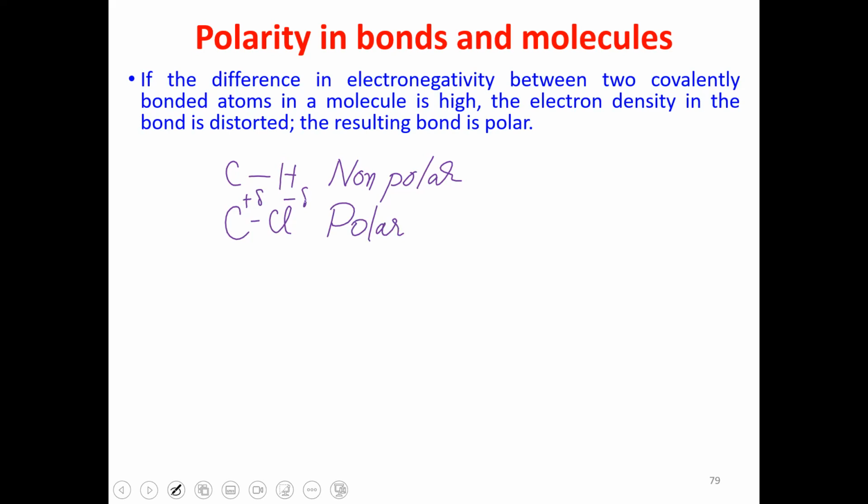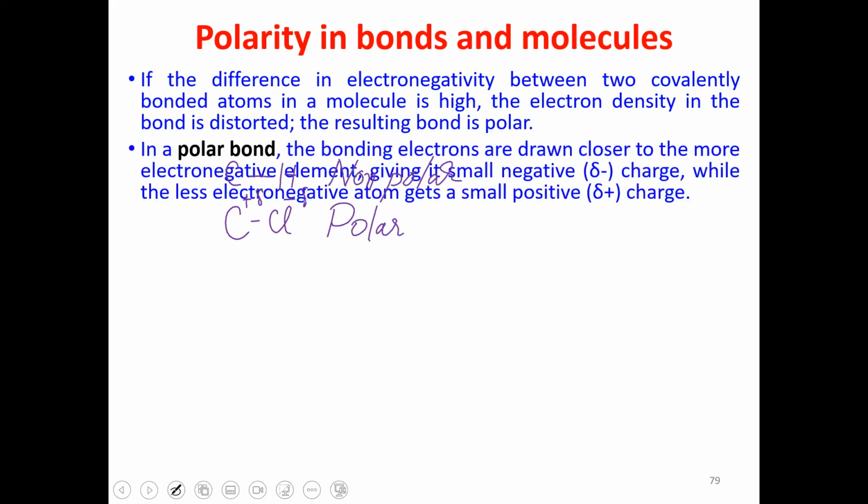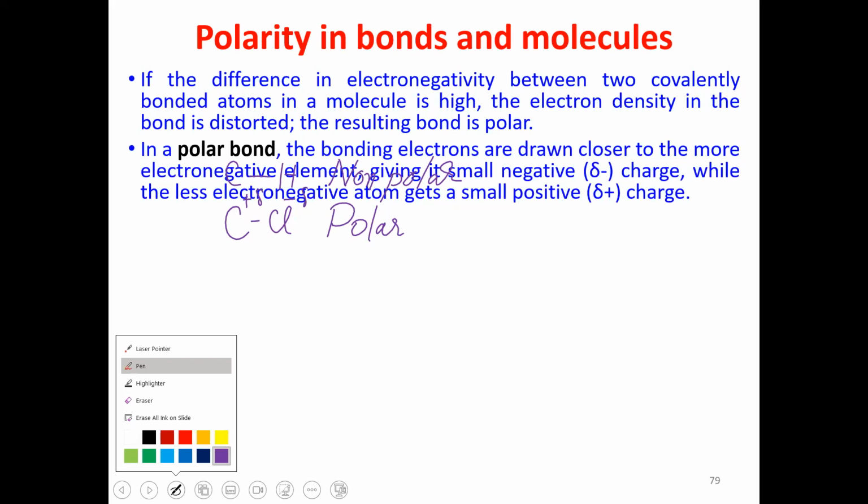Bonds are polar because they have different dipoles. If the difference of electronegativity is so large, the bond will be polar. If the difference of electronegativity is not much, then it will be non-polar.